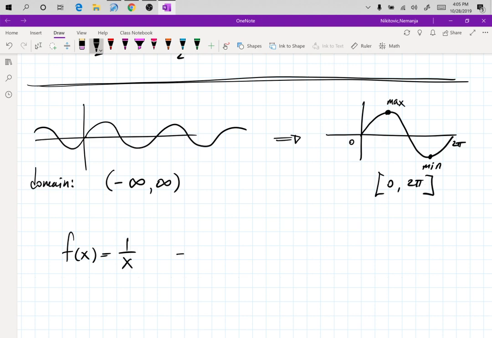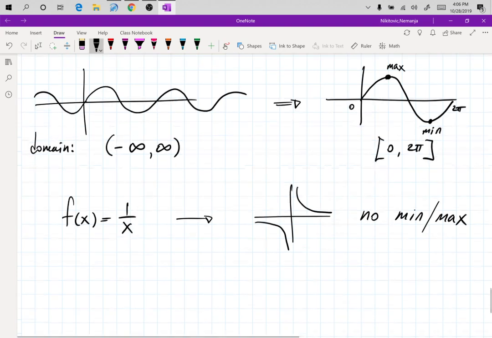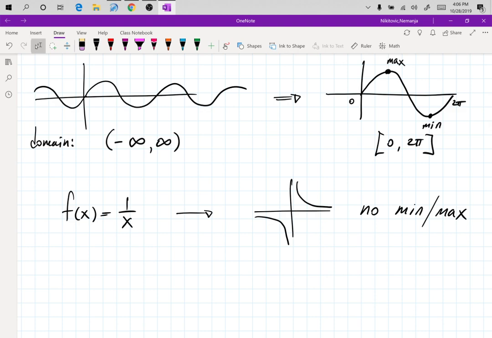What we know is that the graph looks like this, and it has no min max. And we're done, right? But then, if you say f of x equals 1 over x on 1 to 3, now the situation is completely different.